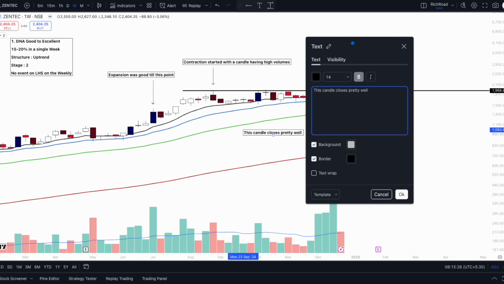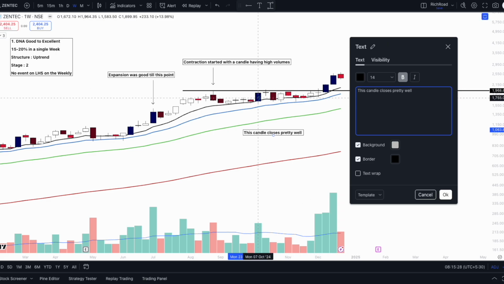And then now you have a candle which closes pretty well in this area. So point to be noted, and on high volumes. So that is good.